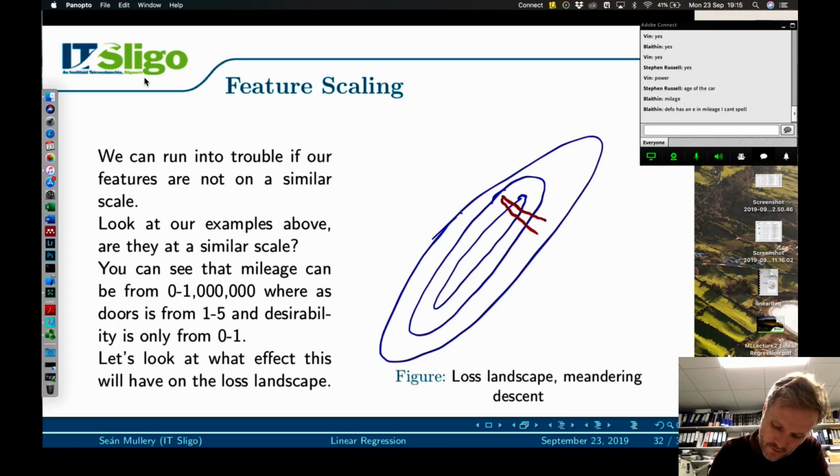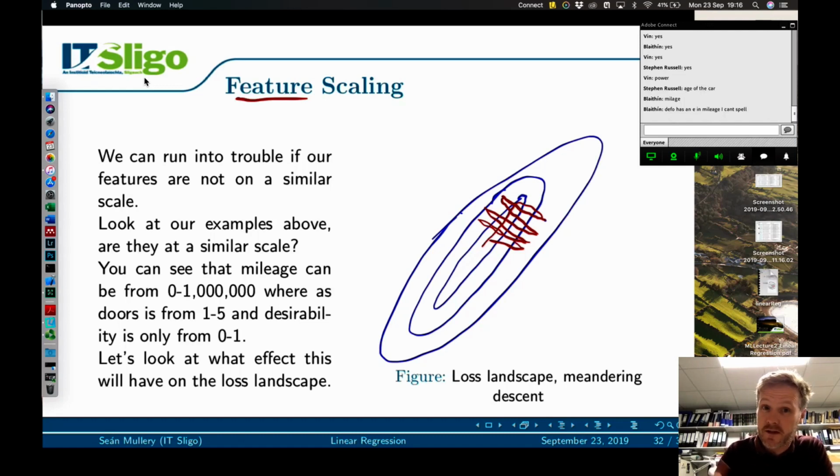Then we're going to go back the way, and we're going to go down around like that as we go down this, rather than just going down into the center of it here. So it's very much like a valley that we're going to try and find the bottom of, and each side will be very, very steep because of the particular features that we're using. Okay, so that's the problem that happens when your features are very different in size.